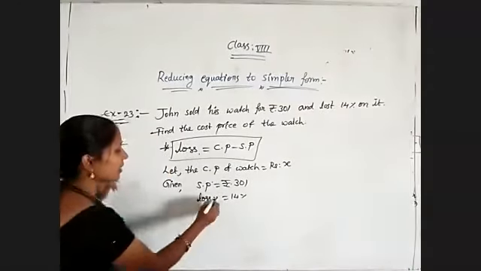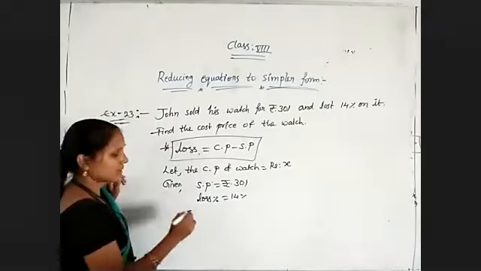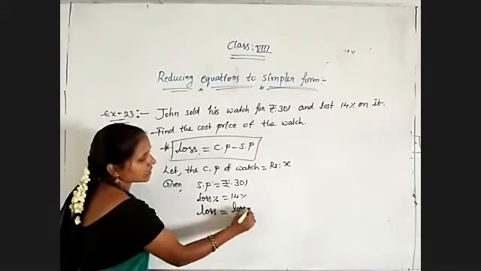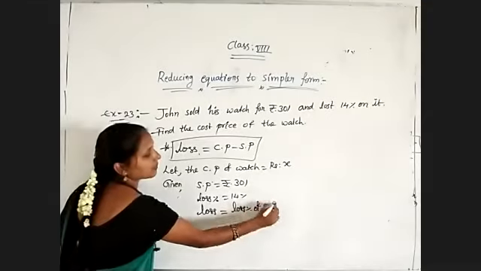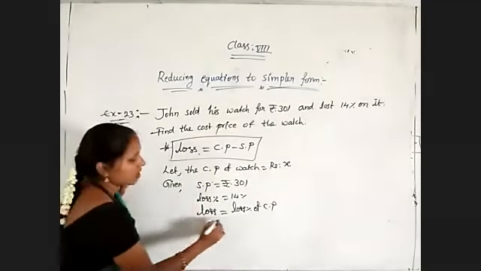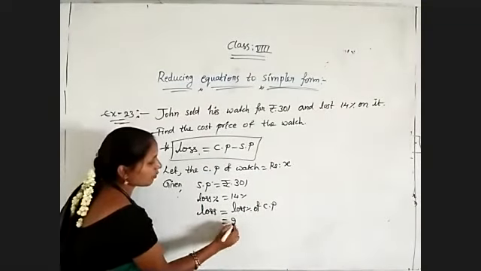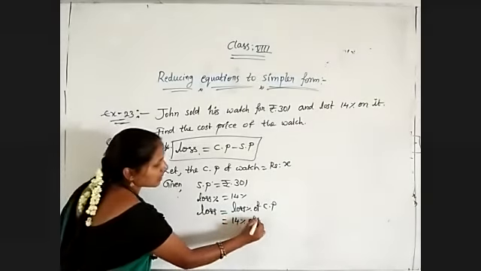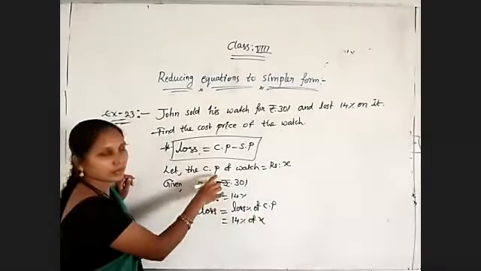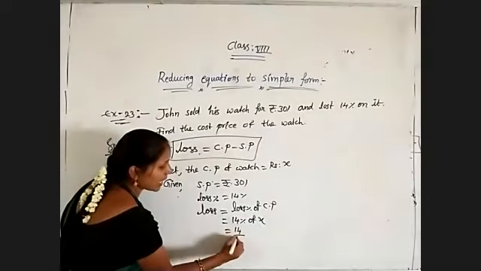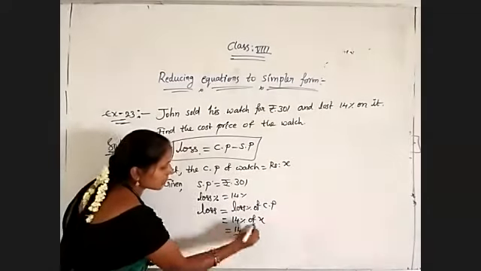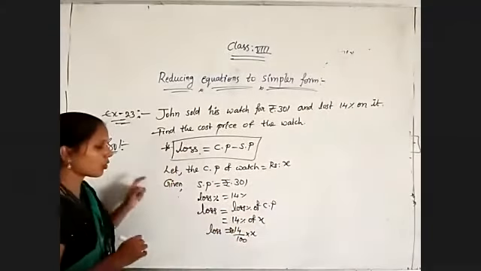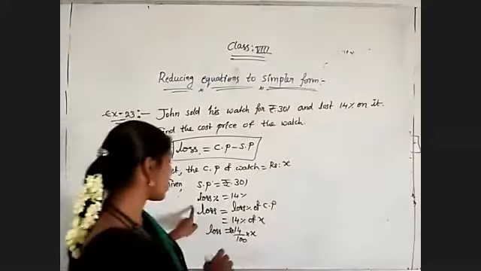Directly I am writing, this is also one of the formulas. Remember, loss is equal to loss percentage of CP. That's all. So loss percentage of means 14% of CP. CP is X, so that is 14 by 100 into X. This is my loss in rupees, the amount. Till now I had a percentage, now the amount.